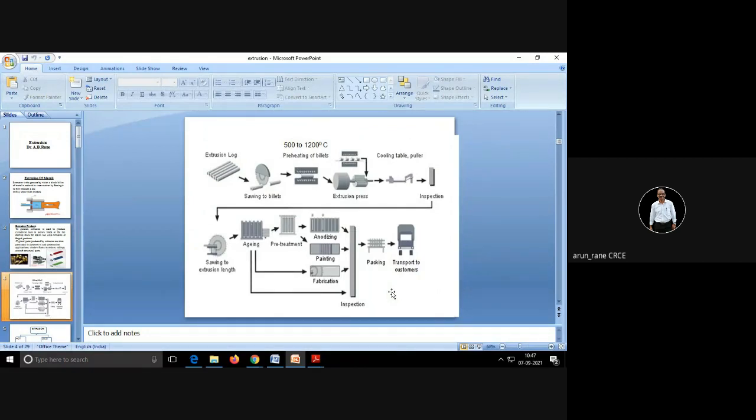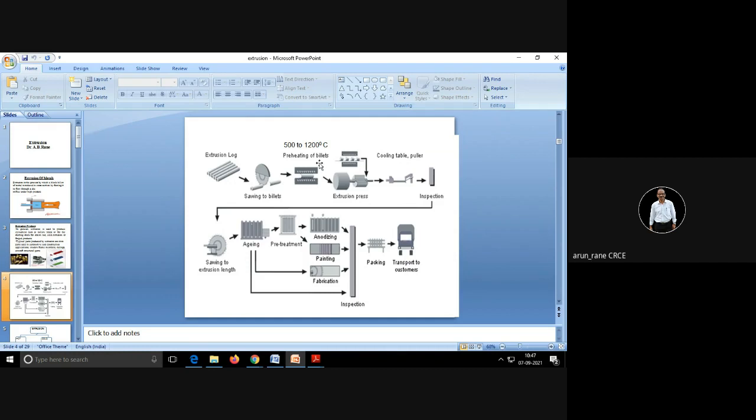So this is how the raw material is prepared. You have long pieces that are called logs. These long pieces are cut by a sawing operation, and these are called billets.